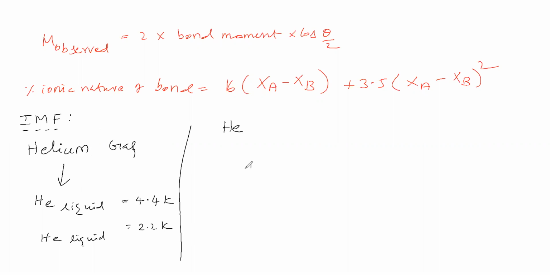For helium, we will consider the nucleus. Helium's electronic configuration is 1s2, which means symmetric and spherical. This 1s2 means the electron cloud is present around the nucleus in this manner.